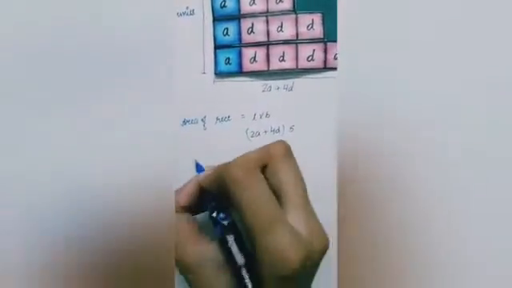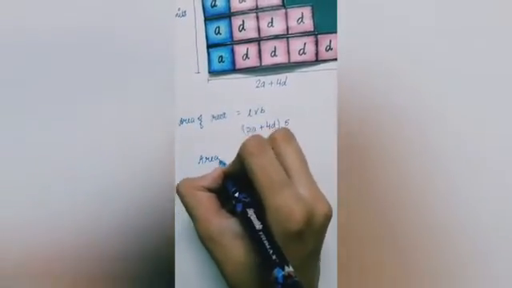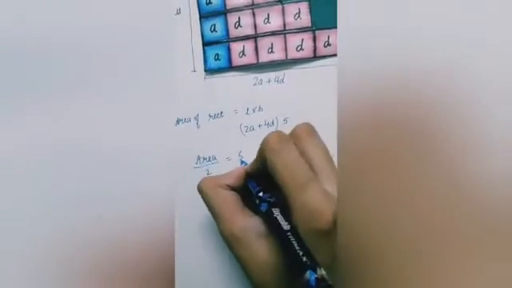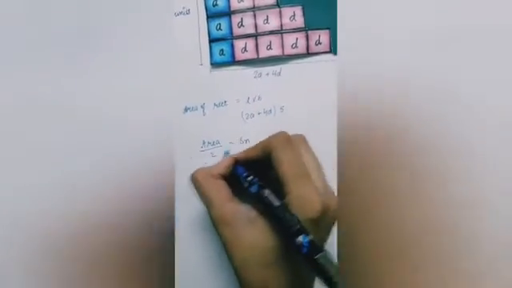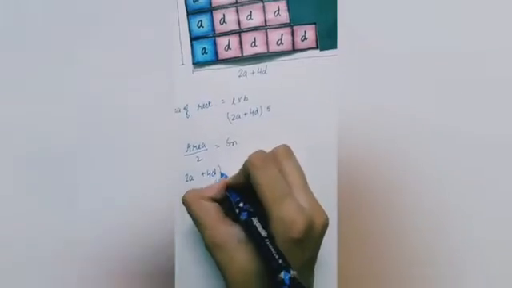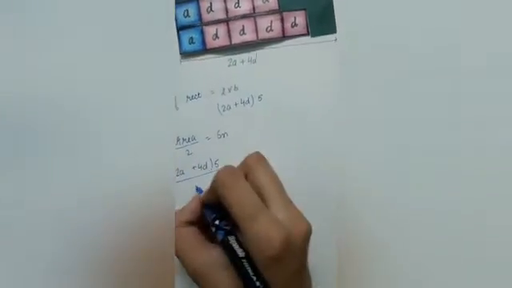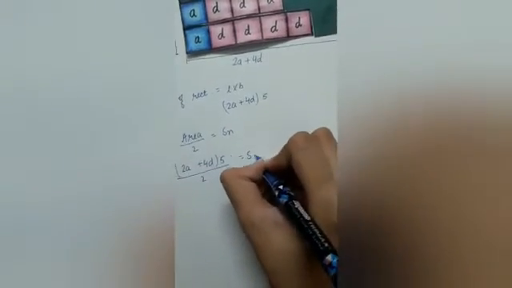For finding the sum, just divide this area of the rectangle by 2. We will get the sum of n terms of this AP. The area we had was 2A plus 4D into 5, and divided by 2, where 5 is n.